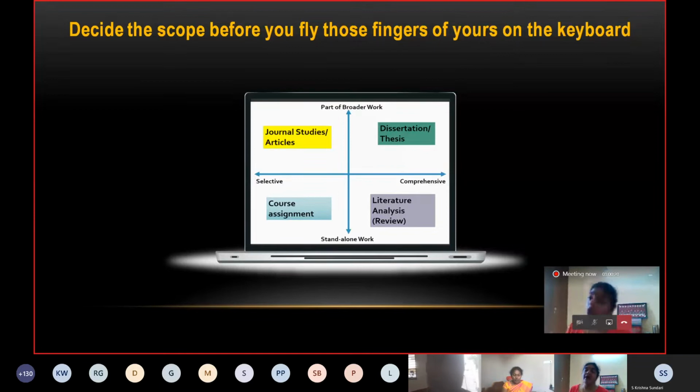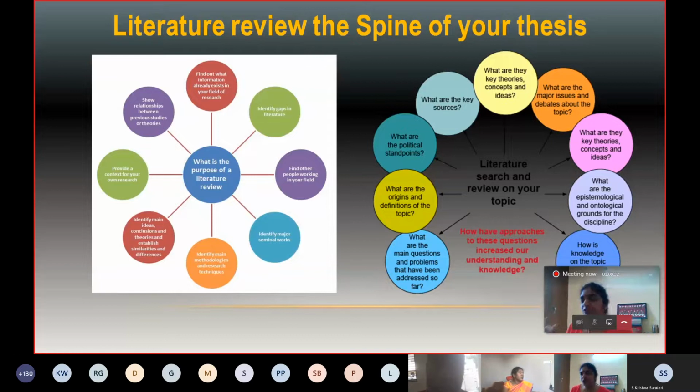If it is a course assignment, it may not be as deep as a research thesis. So similarly, you will have to understand the scope of your publication when doing the literature review.